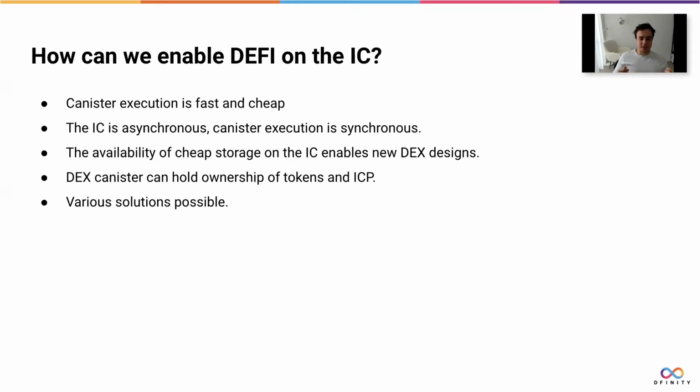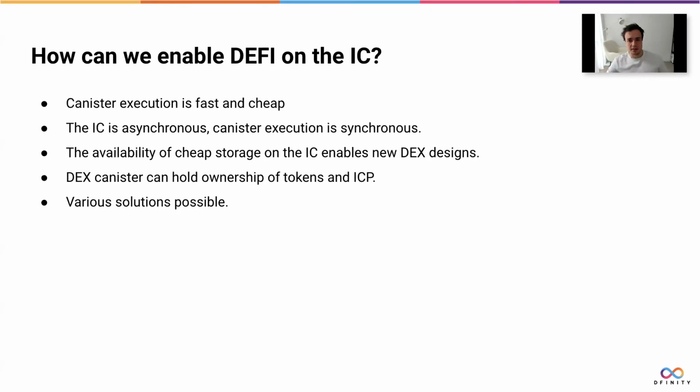This means that if you call a canister and this canister then calls other canisters, this happens asynchronously, compared to other chains. I will go into more detail about this asynchrony, but the canister execution itself is synchronous. The state of your canister gets moved by update calls, and this happens in a synchronous fashion: either your update call gets added to the state or it doesn't.